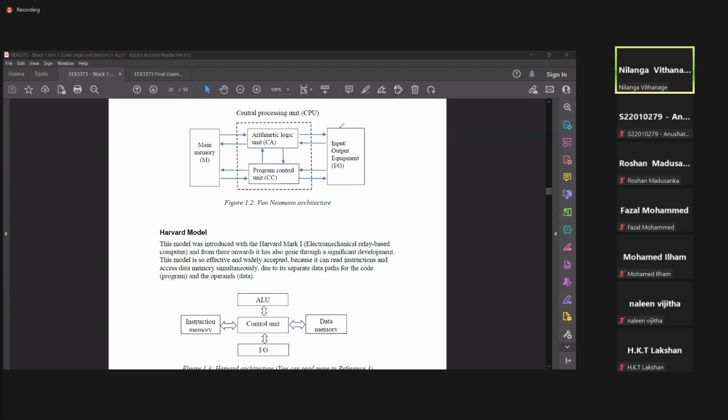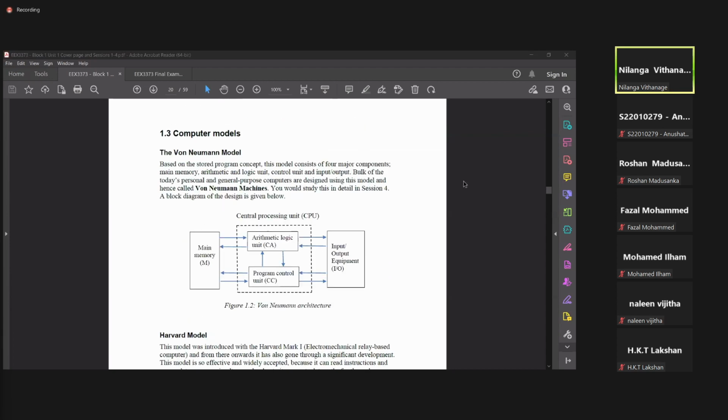So if you can draw these diagrams and say, according to the above diagram, this thing is something like that, you can explain using the diagram. It is the easiest way.